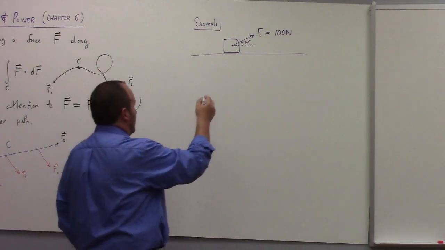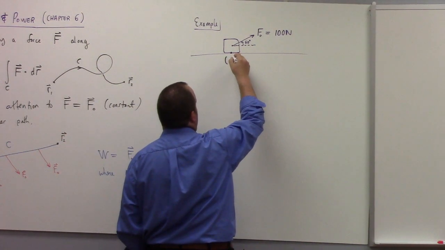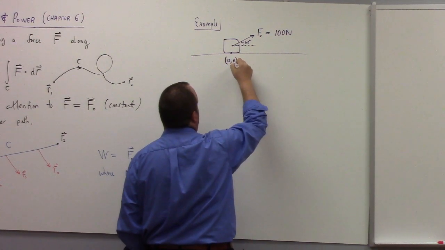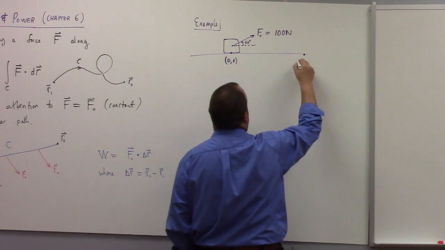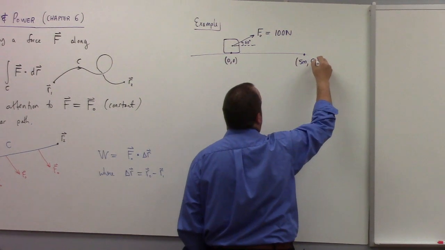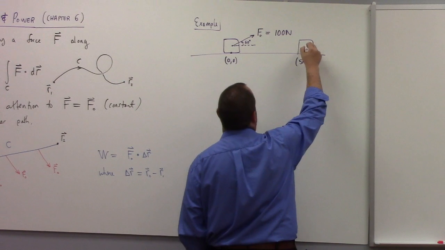And let's move the box from here, which we'll say is at 0, 0, all the way over here to the point 5 meters, comma 0. Here's the end result over here.